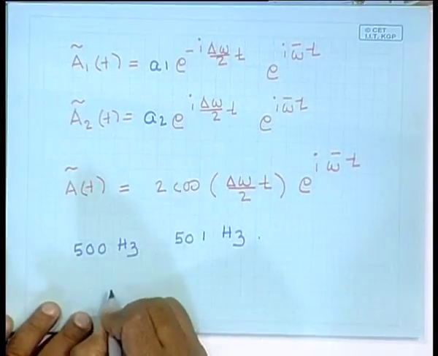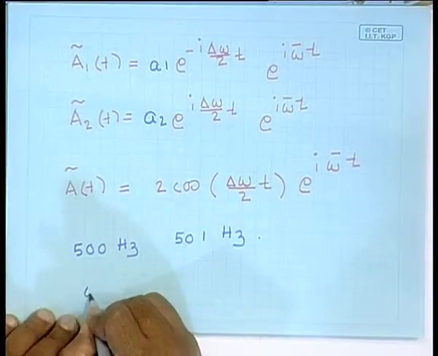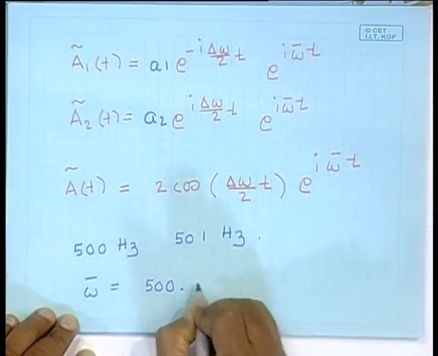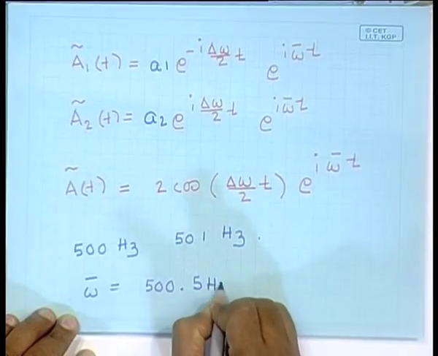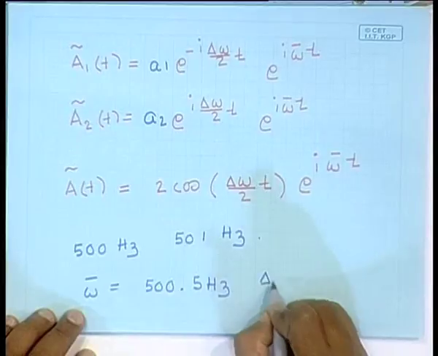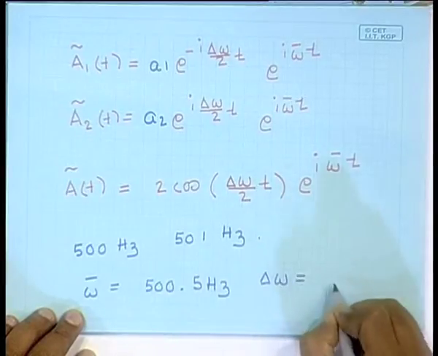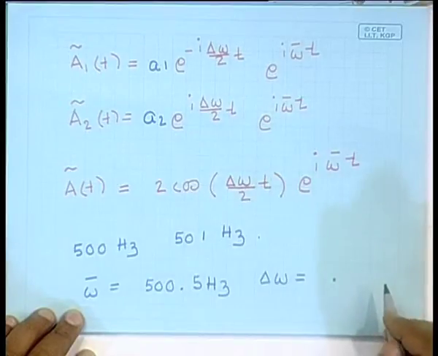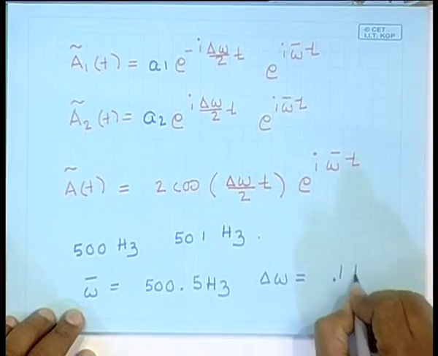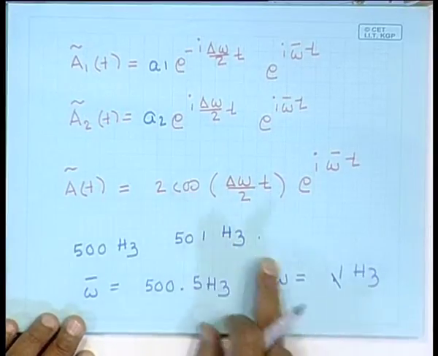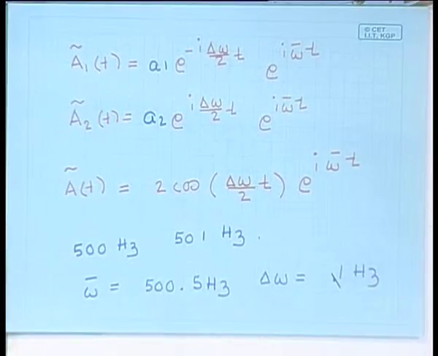The fast oscillation is going to be at the average omega bar, which is 500.5 hertz, and the amplitude of this fast oscillation is going to get modulated at delta omega, which is the difference, 1 hertz, so the amplitude is going to get modulated at 0.5 hertz.